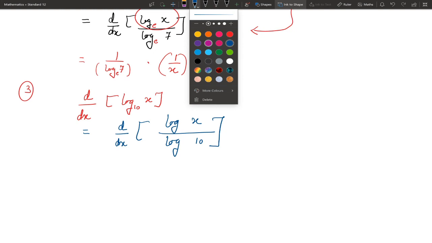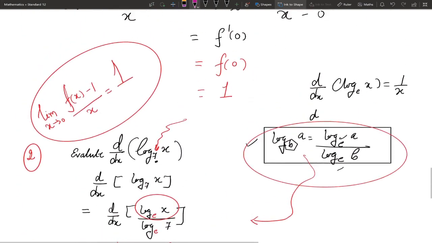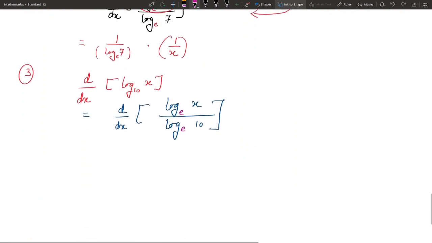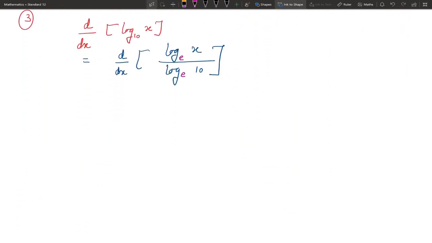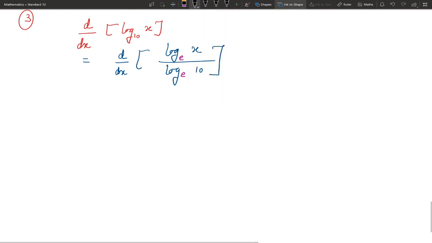So we have used this formula of changing the base. Now we are able to differentiate this thing. Note that 1 upon log 10 to the base e is constant as a coefficient.